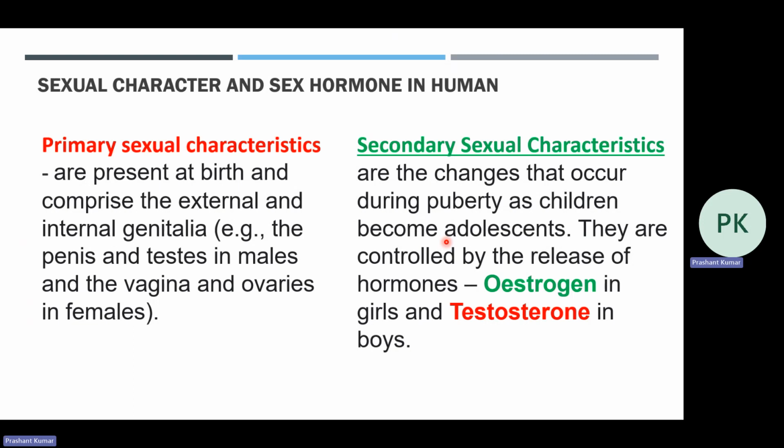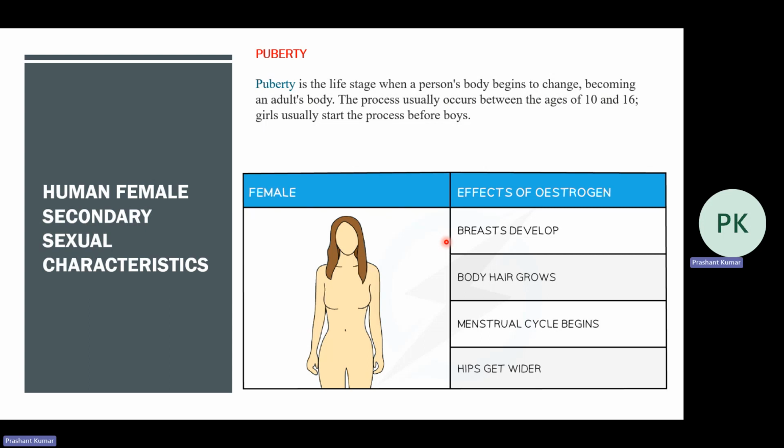But after a certain age, the sex organs in the body produce a hormone which brings some change, and that change is unique for male and female. On that basis, we can say whether it's a female or male, right? In case of female, the secondary sexual character involves formation of breasts. You can see the breast size is slightly increased, right?